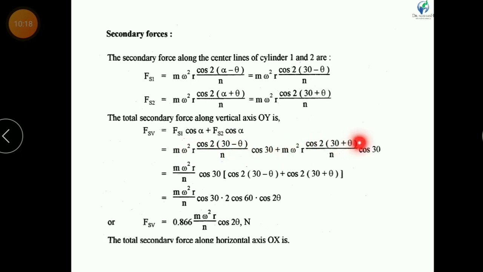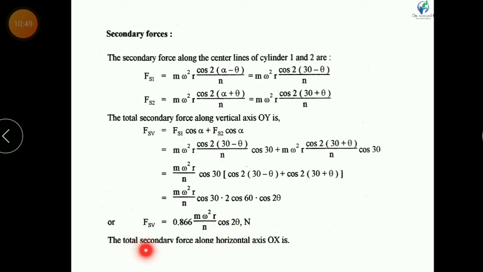If we put the value, we get m omega square r cos 2(30° − θ) upon n cos 30 plus m omega square r cos 2(30° + θ) upon n into cos 30. If we simplify, then we get FSV is equal to 0.866 m omega square r upon n into cos 2θ.